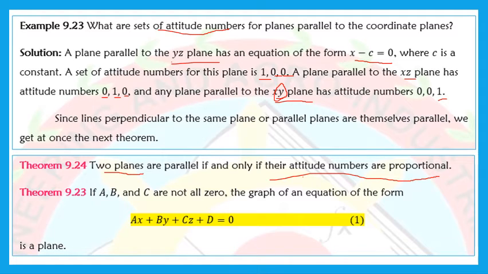In theorem 9.23, if A, B, and C are not all zero, the graph of an equation of the form ax plus by plus cz plus d equals to 0 is a plane. Kung A, B, C are not all zero, ito yung magiging equation niya. Ang tawag dito is a plane.